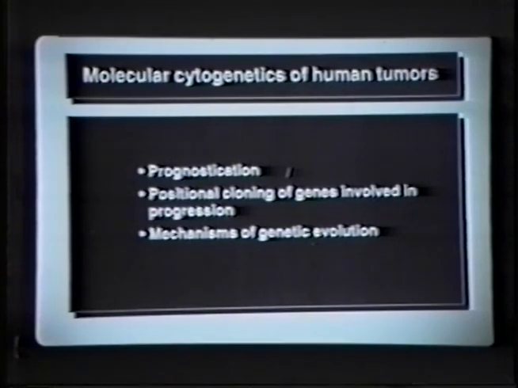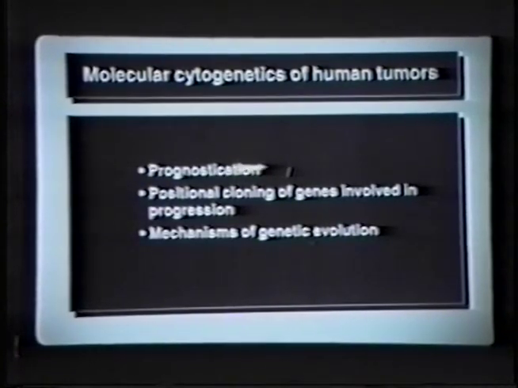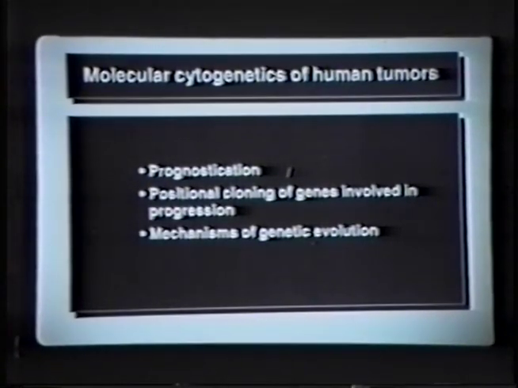There's a variety of reasons for wanting to do this in our lab. We're certainly interested in prognostication, that is to say, a prediction of how the tumor is going to respond to therapy or how it's going to progress with time. We're interested in positional cloning of genes involved in the progression.